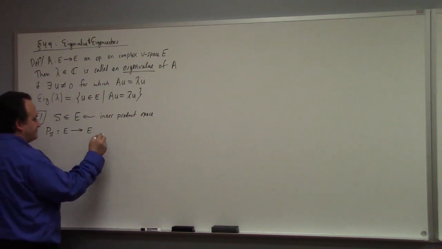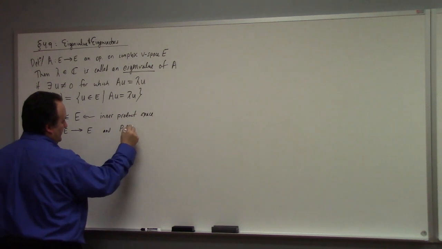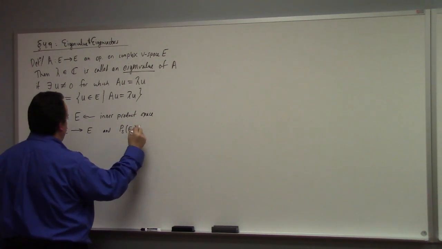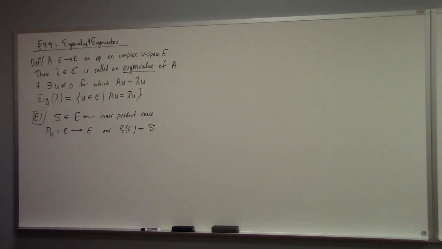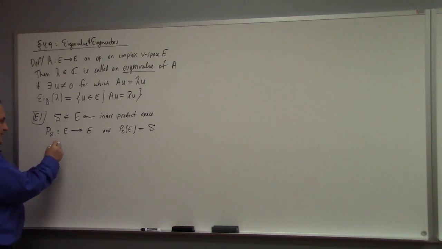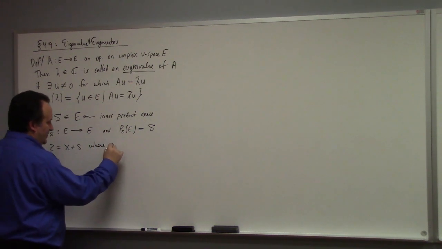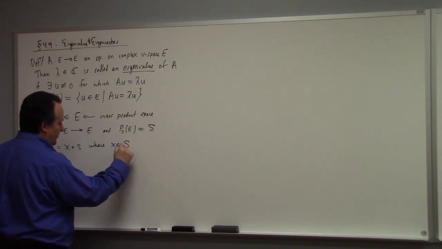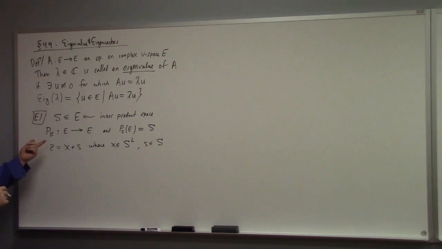And the range of it is equal to S actually. It's onto S. So this is the projection onto S. Basically the way it works is if you have z equal to, say, x plus s, where x is an element of the perp of S, and s is an element of S. If you're in an inner product space, you can define the orthogonal complement of a subspace.